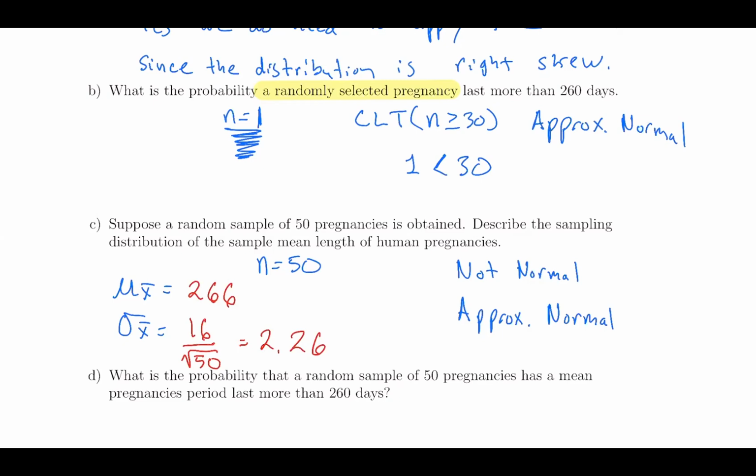All right, so up next we're going to decide if the data set is non-normal or if it's approximately normal. Since n is 50, we want to see if we can apply the central limit theorem, which says if n is greater than or equal to 30, we can say it's approximately normal.